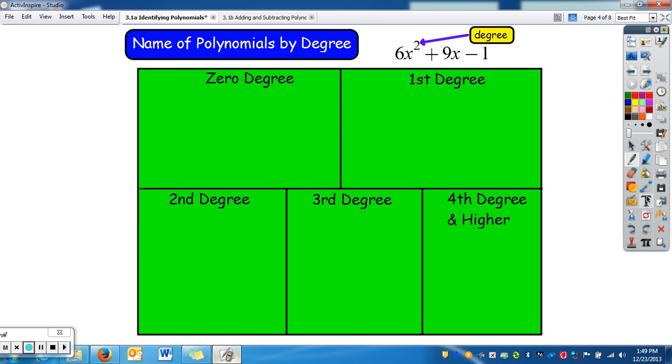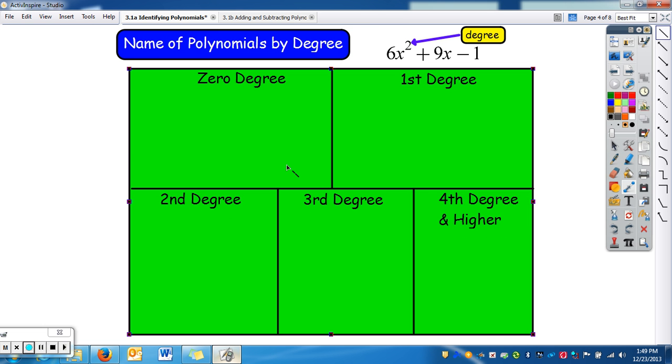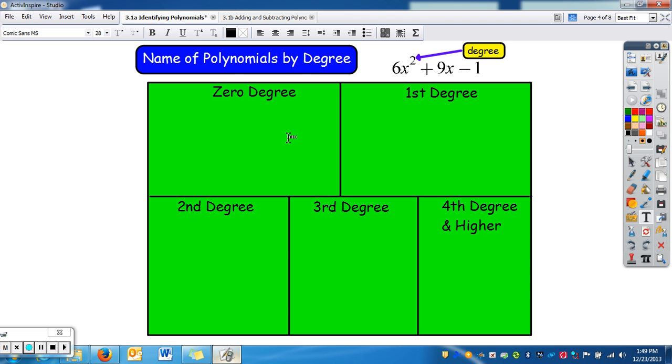Alright, so naming polynomials. All polynomials have 2 names, and we get their names based off their degree, which again is the highest exponent when it's in standard form. So for degree 0, it's called a constant, and yes, you have to memorize these. If it has a degree of 1, it is linear.